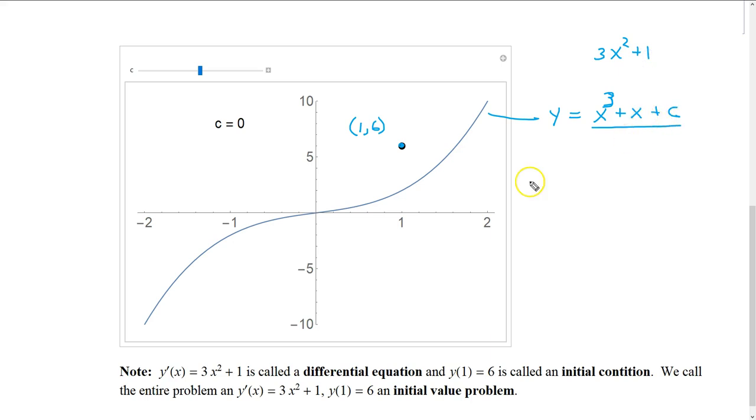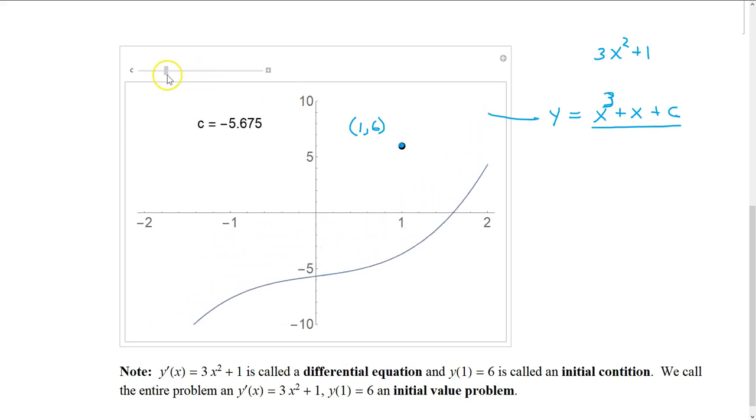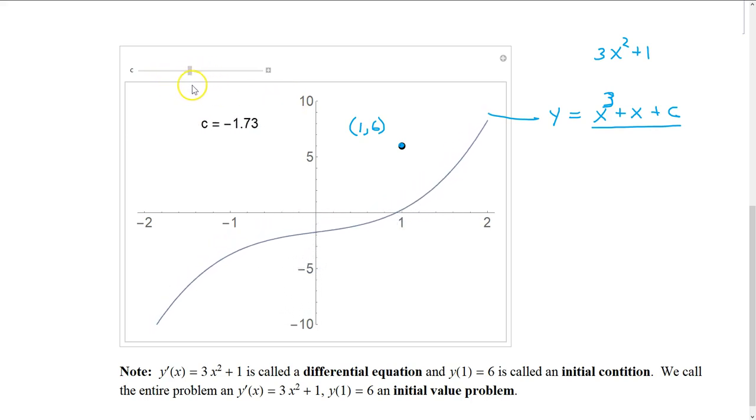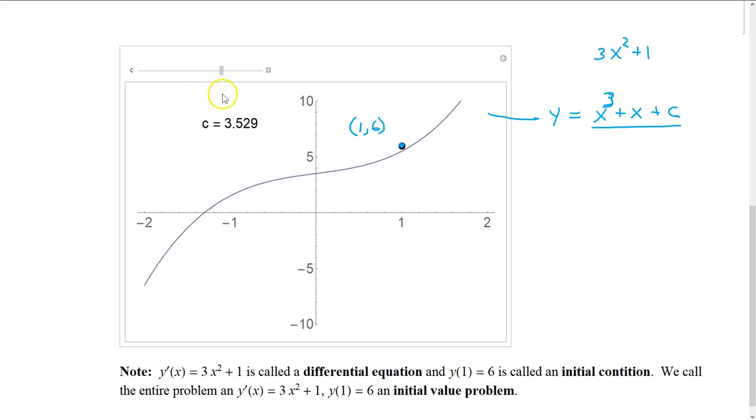If we let this constant vary, we'll see that these curves move up and down, and we want to pick the one particular curve that passes through the point (1, 6). All of these functions are antiderivatives, and we want that one right there.